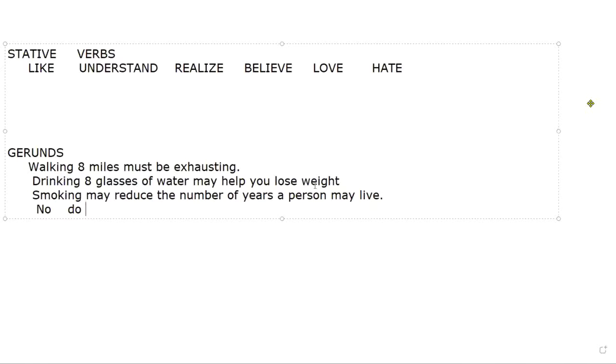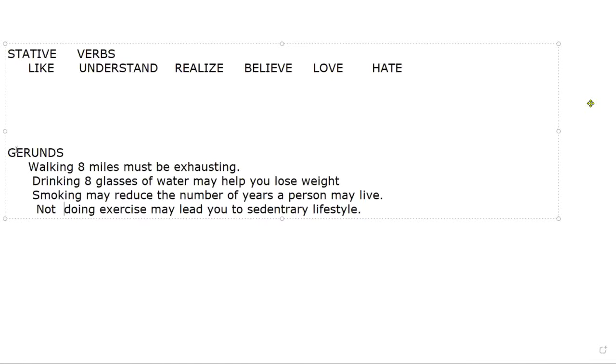Well, okay, even if it's negative, it is a gerund. Not doing exercise may lead you to a sedentary lifestyle. So this is in the negative, not doing. Not doing exercise may lead you to a sedentary lifestyle.